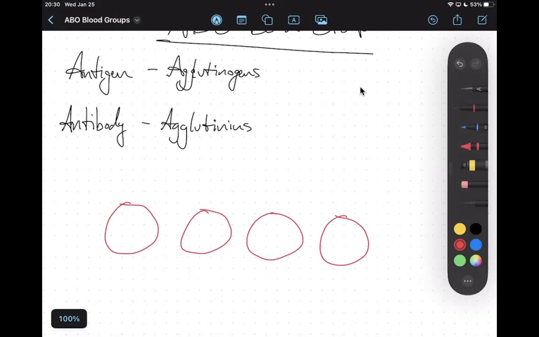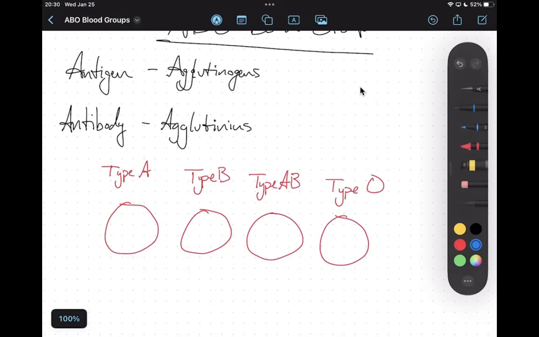We're going to call these type A blood, this one type B blood, the third one type AB, and this fourth one type O blood. On the surface of some of our cells, we have antigens designated as A, B, or O.